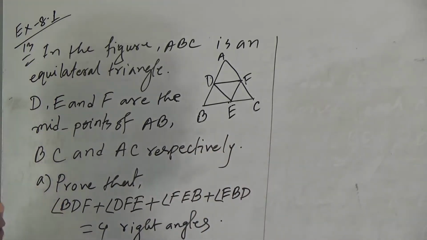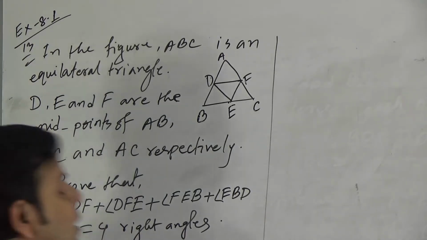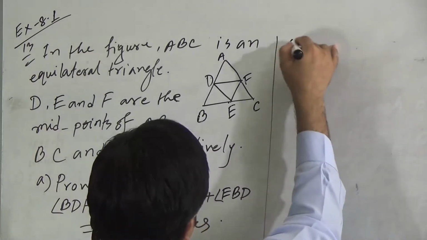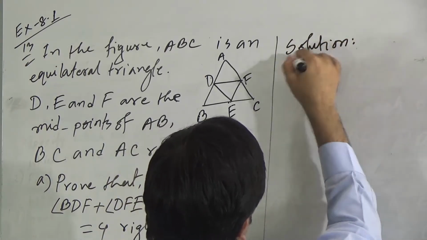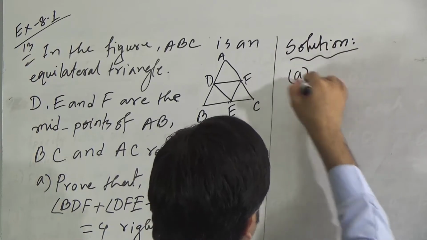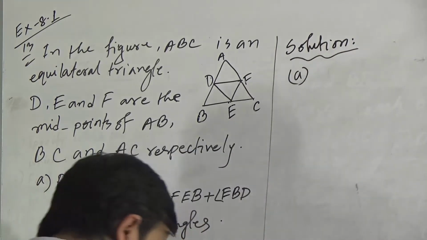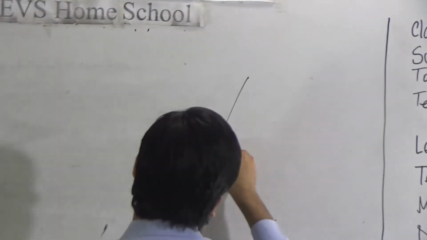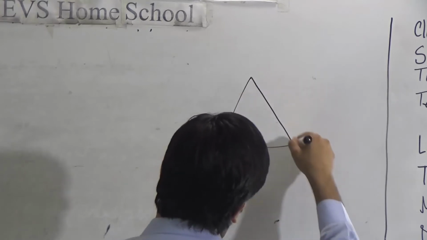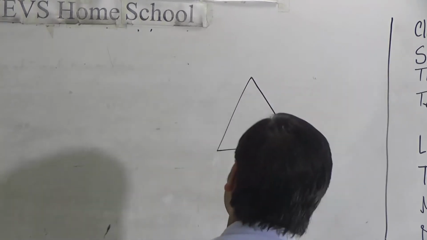Dear students, this is a very important question, and now I will solve it. So I am writing here the solution. At first I will solve part A. To solve part A, at first I have to draw the figure. ABC is an equilateral triangle, so I have to draw an equilateral triangle.